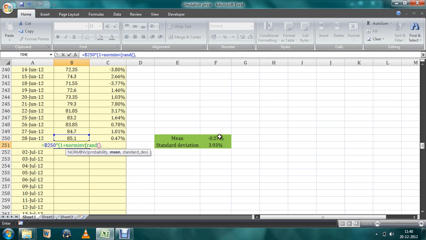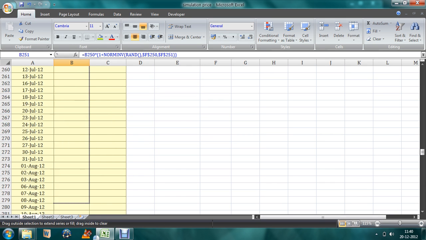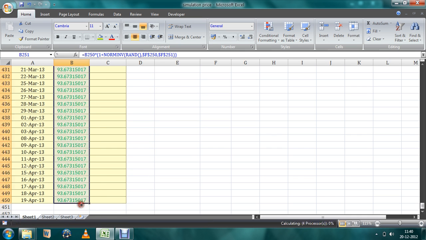The mean will be this one, and we need to freeze it because this is not a relative reference. This is the standard deviation, and this also we need to freeze, then close the bracket. This is 93.73, and drag it till this one.